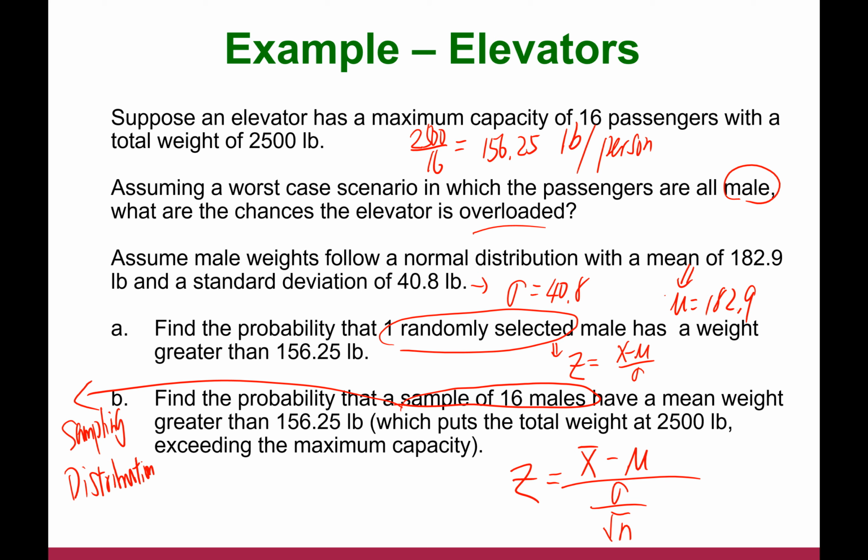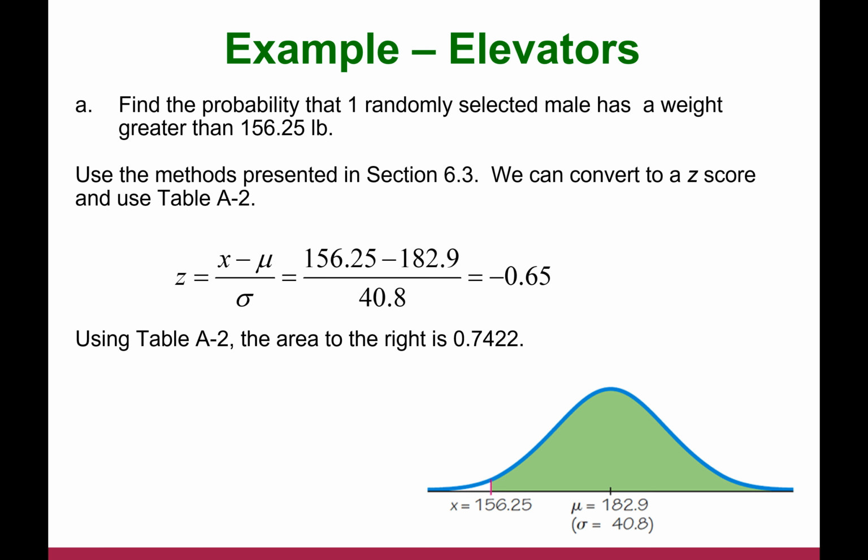If a sample of 16 males have a mean weight greater than 156.25 pounds, that puts the total weight at 2,500 pounds, exceeding the maximum capacity, which creates risk for those passengers.